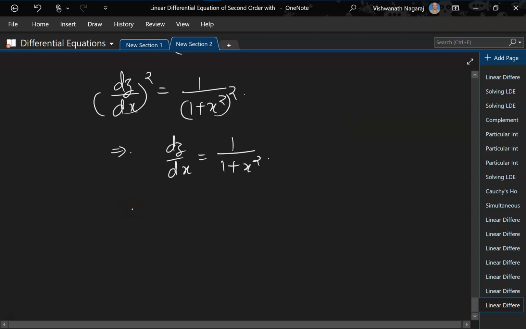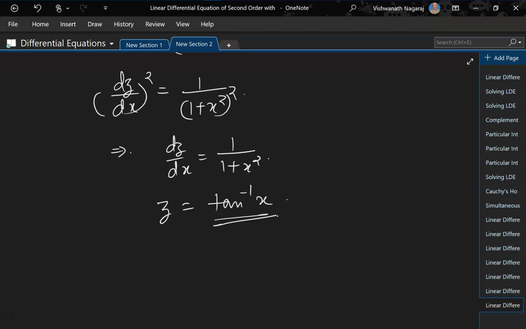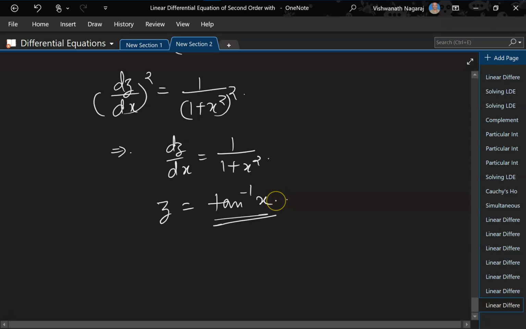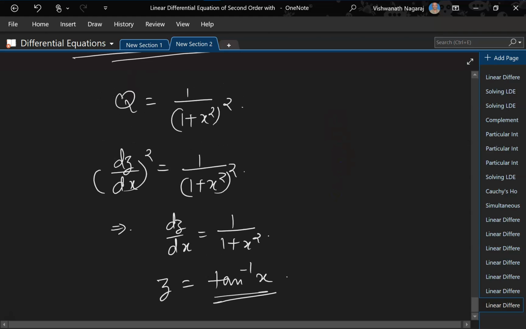You have to remember that if you integrate this, you get z, and the integral of 1 by 1 plus x² is tan inverse of x. If you remember this, great, then the whole thing becomes easy. Or if it has already been given as part of the question, then no problem. But if it is not given and you have to figure it out, then you have to know this particular integral.